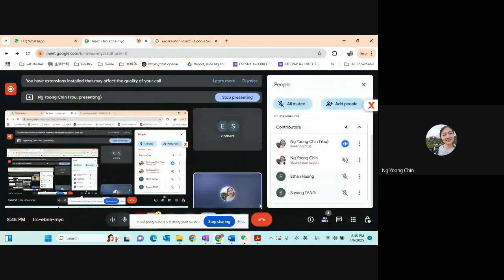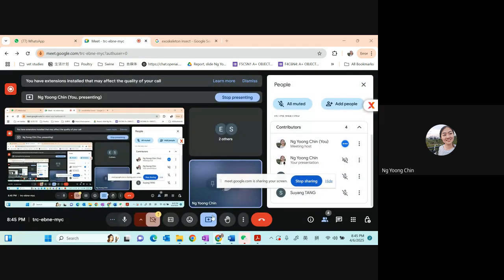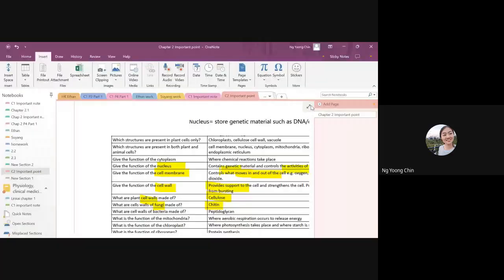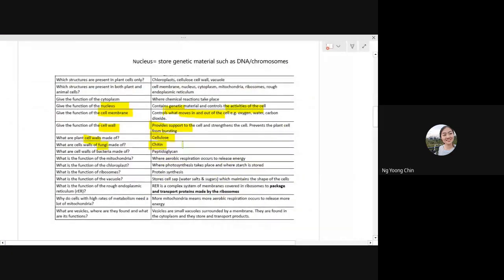Okay, I'll continue. So you can see my screen again, right? Okay. Fungi cell wall. The cell wall of fungi is made from chitin, okay?